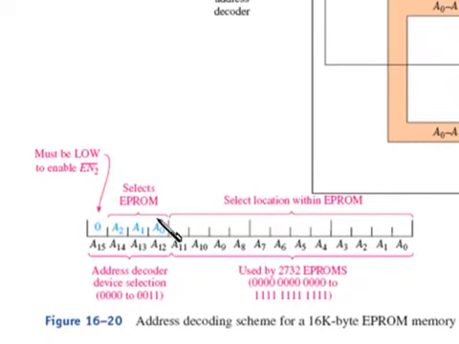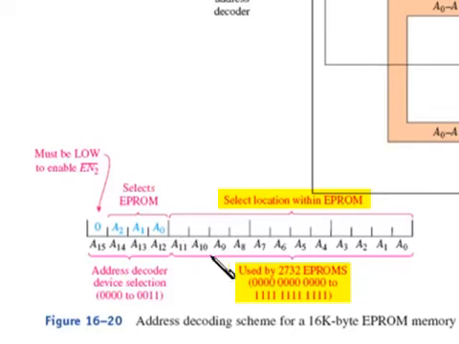So the first hex digit of this 4 hex digit string is used to select the EEPROM. The last 3 hex digits, or the last group of bits 0 through 11, is going to select which location within the EEPROM.